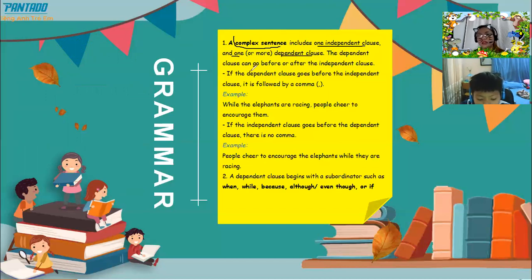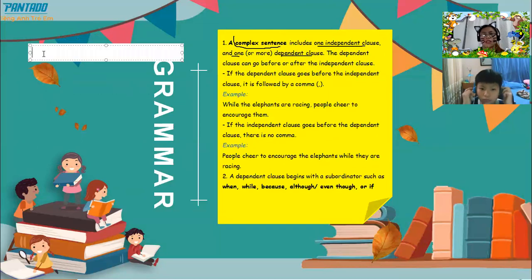So the dependent clause can go before or after the independent. So the structure might look like this. It should be one independent and one or more dependent.